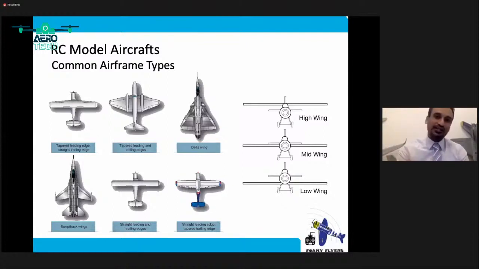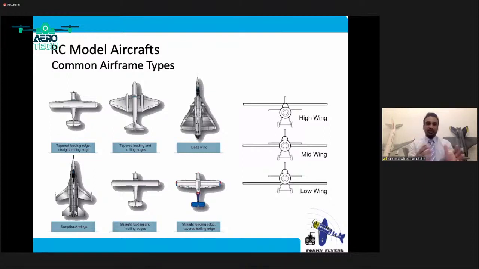When you're talking about delta wings and swept back wings, those aircraft need a bit more speed to fly. When you have more speed, it's pretty difficult to control the aircraft unless you're a bit of a seasoned pilot. Or else, if you are good with flying an aircraft, these two are good opportunities for you to enhance your skills in flying an aircraft.